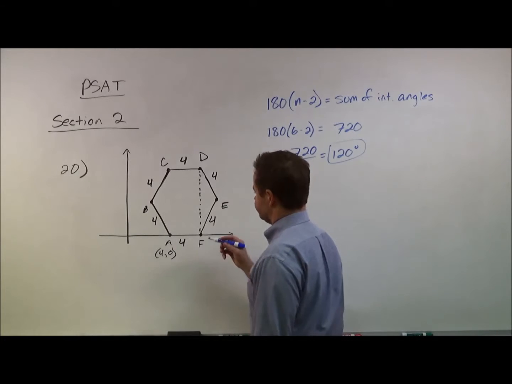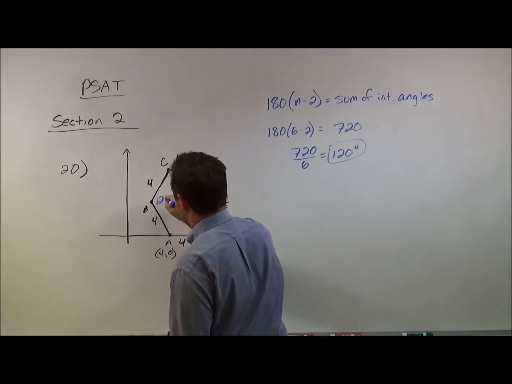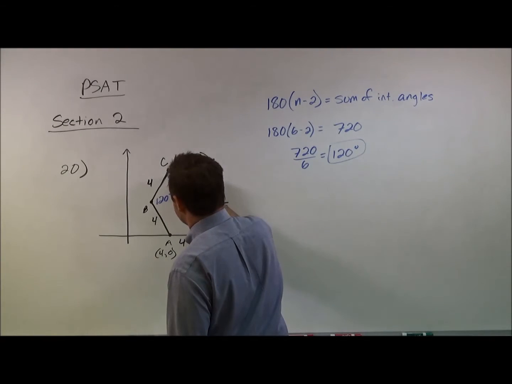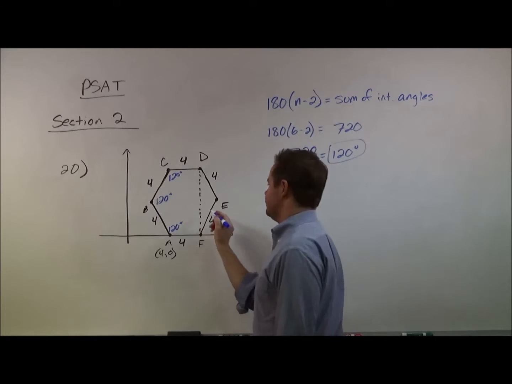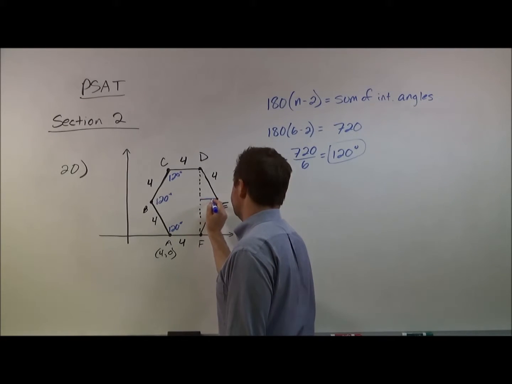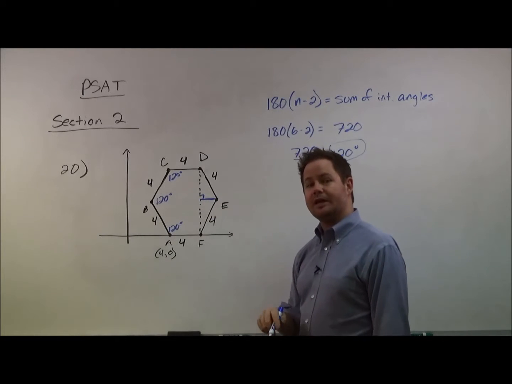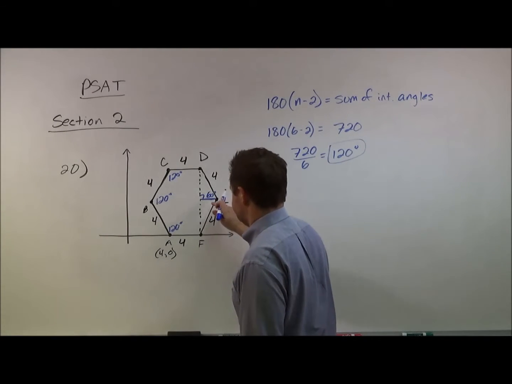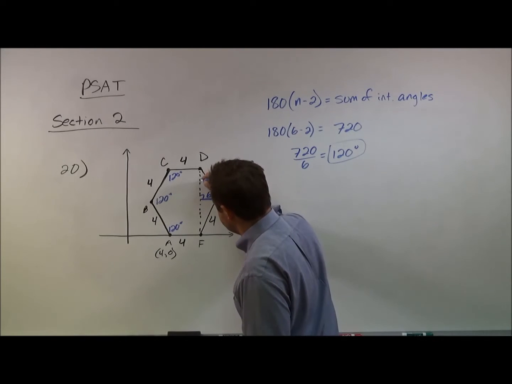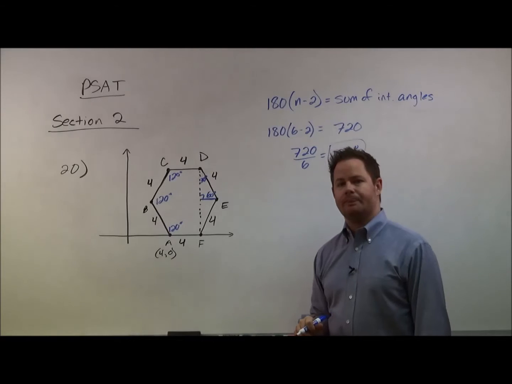And here, if we were to take a look at this angle, each of these individual angles is 120 degrees all the way around the hexagon, which means here, if we were to convert this into a right triangle, when you split 120 in half, you get 60 and 60, and that means that each of these would be a 30, 60, 90 right triangle.